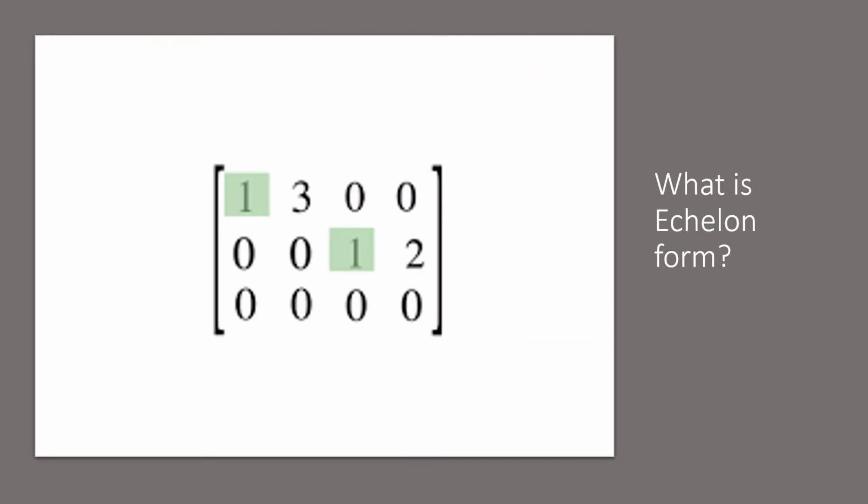As you see, the number one, which is the pivot of row one, is to the left of the number one of row two.